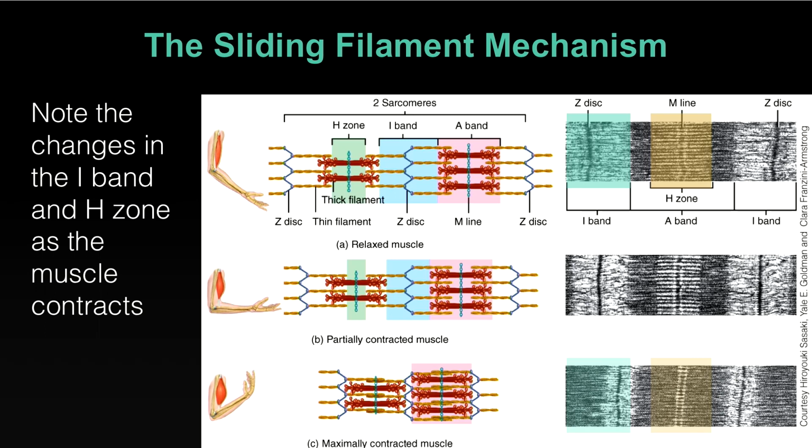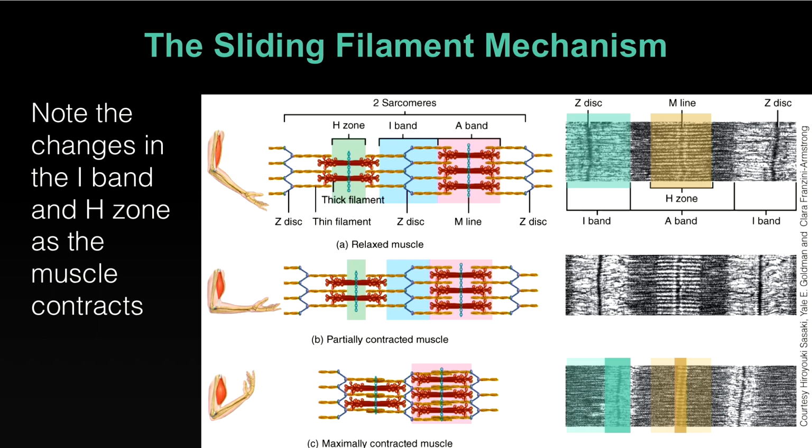These are the same rectangles, copy and pasted, and then compare them to the new size of the I band and the H zone. So those zones with only one filament present seem to have shrunk. Less of the sarcomere is taken up by only one type of filament. There's a lot more overlap. Compare those two situations.